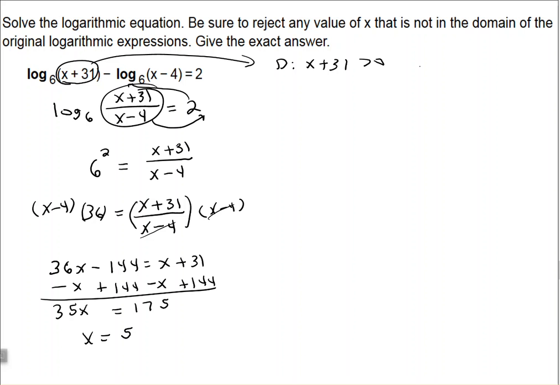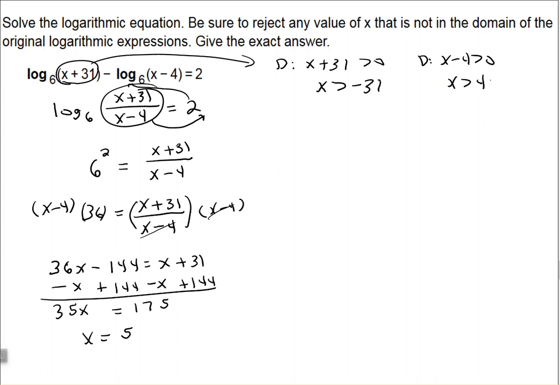So x plus 31 must be greater than 0, so x must be greater than negative 31, I'm sorry about that, y'all, forgive me. And x minus 4 must be greater than 0, therefore x must be greater than 4.